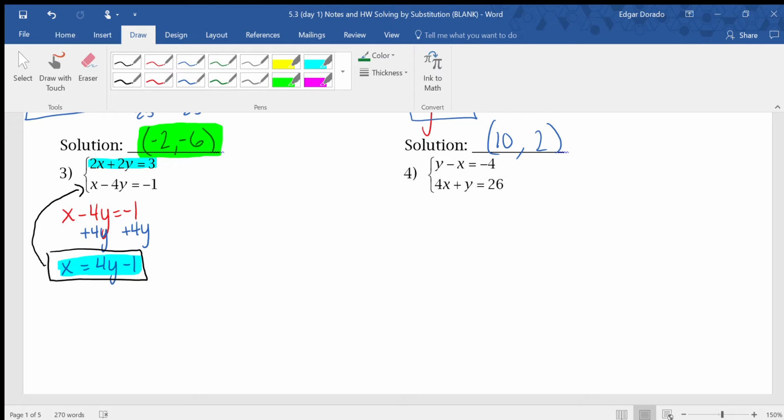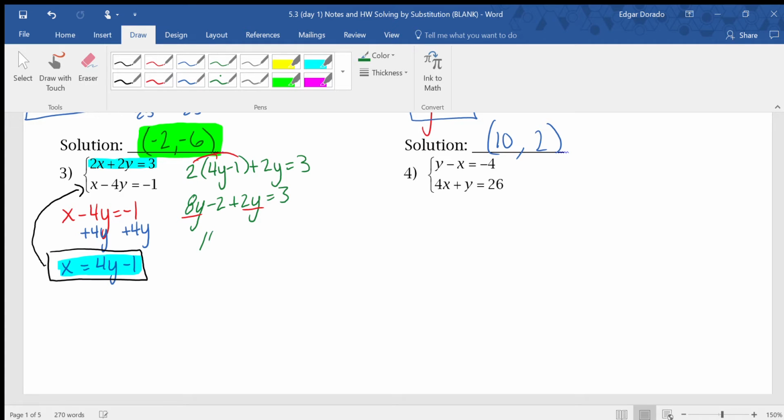Well, let's go ahead and do it. So I have 2 parentheses. Now I can put that in, which is 4y minus 1, plus 2y equals 3. Again, notice how now I only have y's. So I'm going to distribute. I get 8y minus 2 plus 2y equals 3. I can combine these two terms here.